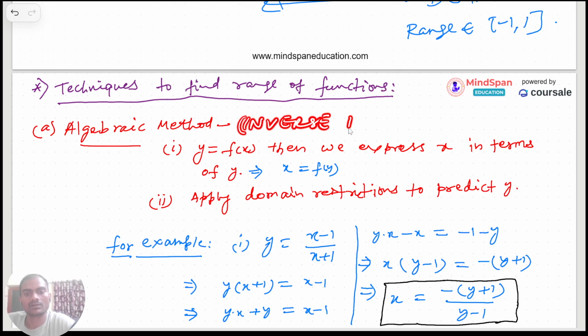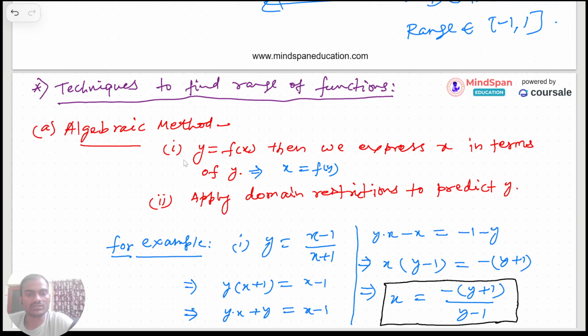Like if we are able to somehow convert this range in the form of domain, then we can apply all those techniques that we know about the domain.